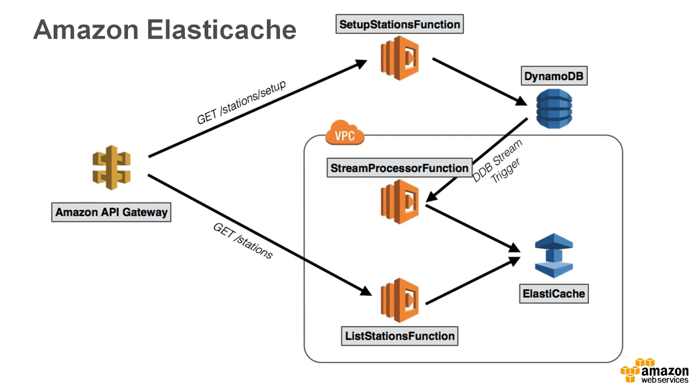The first request is sent to the setup station function. Then that function is called and some operations are performed on the database, DynamoDB, that is a NoSQL database, or you can replace it with RDS or any other form of database.